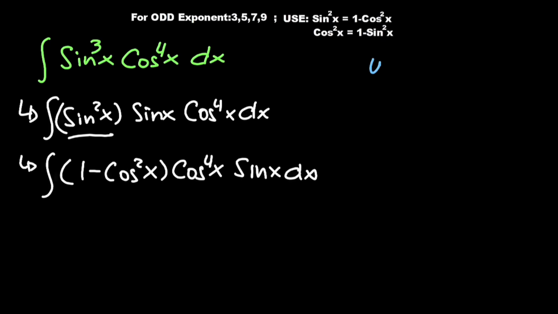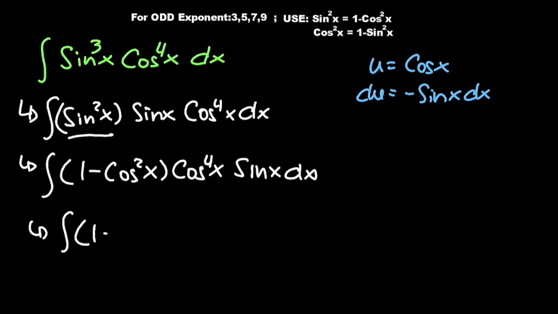And so, let u here be cosine of x. Derivative of cosine would be negative sin⁵x dx. And so, by substituting, we would have 1 minus u squared, cosine to the power of 4 of x would be u to the power of 4, sin⁵x dx. Since it is negative, it would be negative du. We can just put the negative outside.